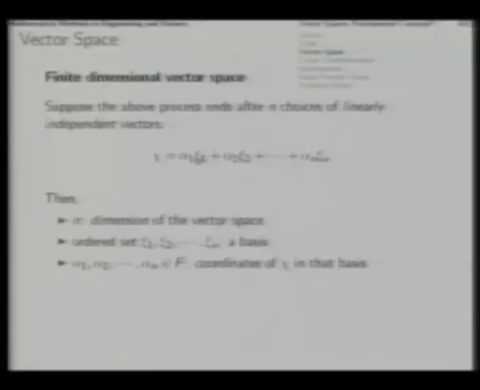These vectors xi 1, xi 2, xi 3, etc., up to xi n, these n choices that we picked up, are an ordered basis. They are an ordered set, they form a basis to represent all vectors in the vector space. And for a particular vector chi, the corresponding coefficients alpha 1, alpha 2, alpha 3, etc., turn out to be the coordinates of the vector chi in that basis.